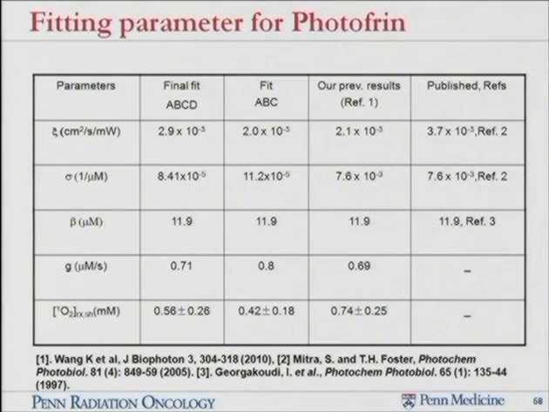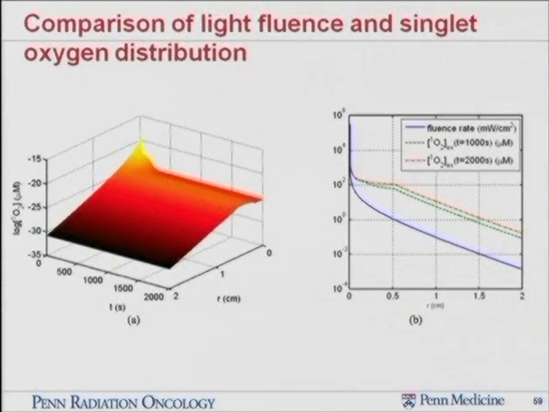So what's the use of it once you get that? One thing that is intriguing is this. If you look at the distribution of singlet oxygen, one can calculate the distribution of the so-called reactive singlet oxygen. This is a calculation of the reactive singlet oxygen for a point source, as a function of distance from the point source.